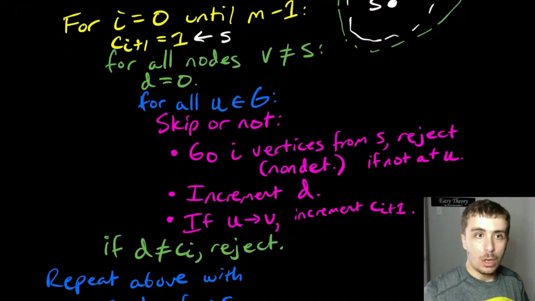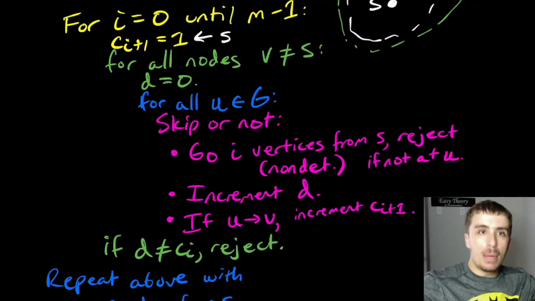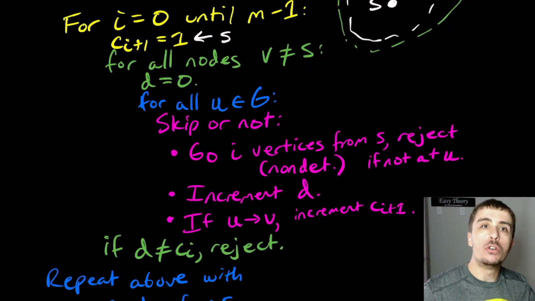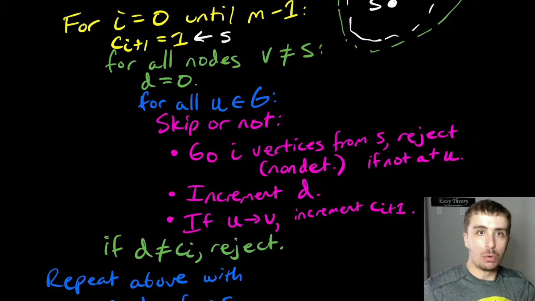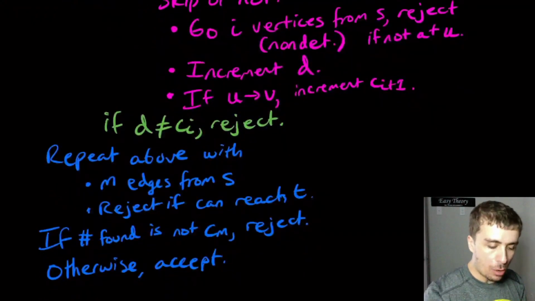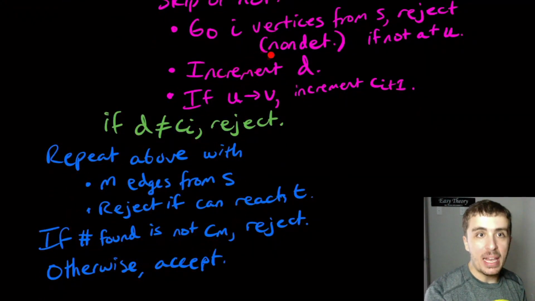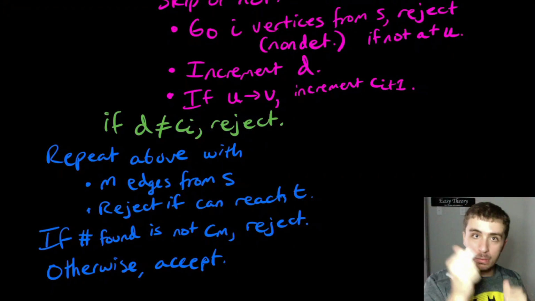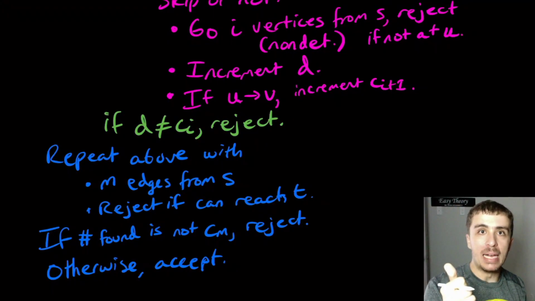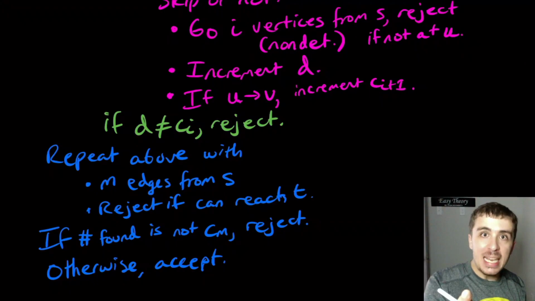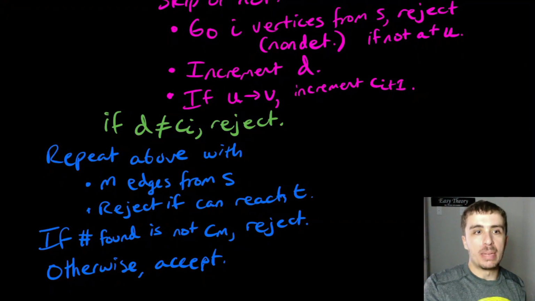So here, now at Cm, I have determined the number of nodes I can reach within m steps or fewer. And so now I just do the exact same thing as this, but I work with m edges away from s, and if I reach t ever, then I'm just going to reject immediately.